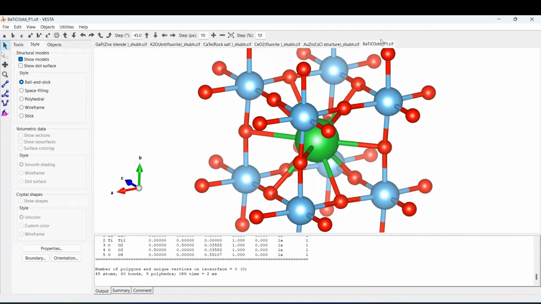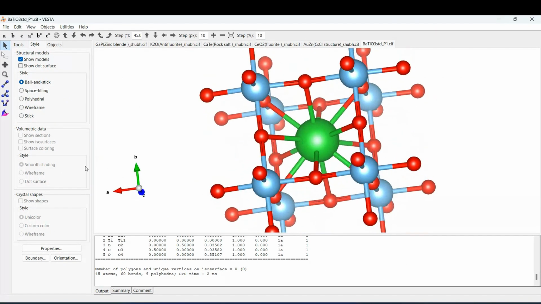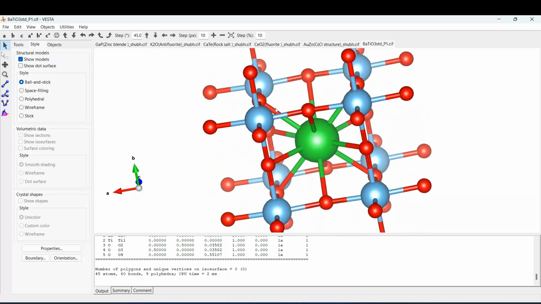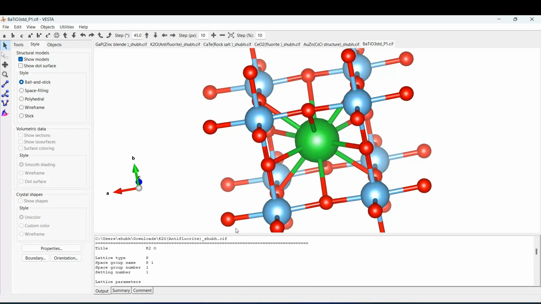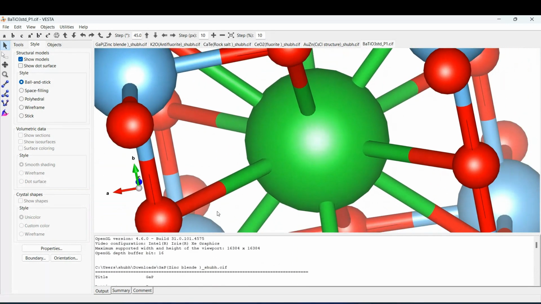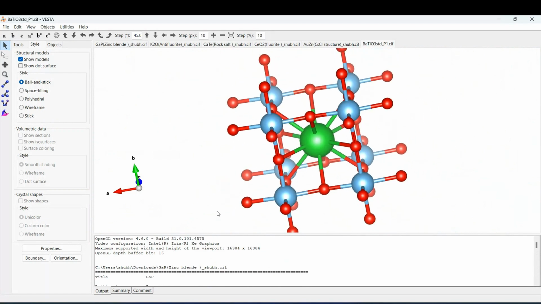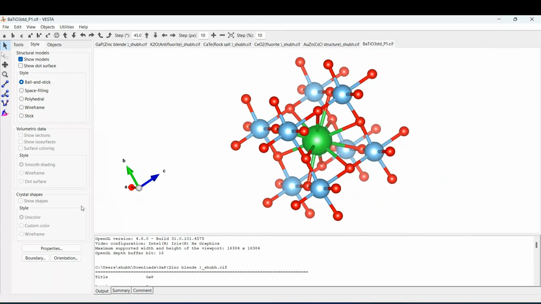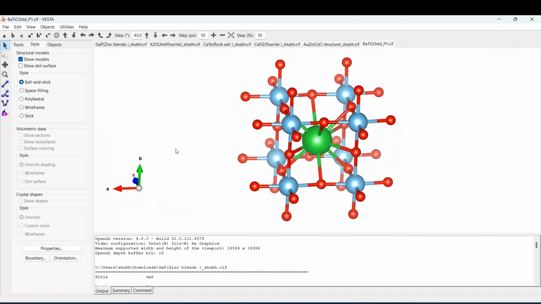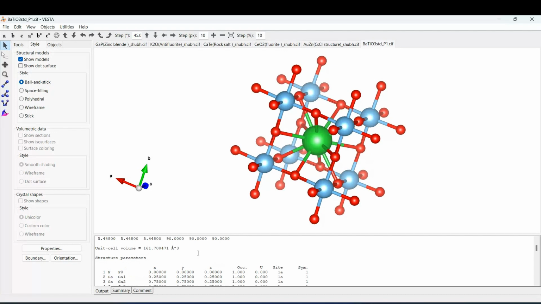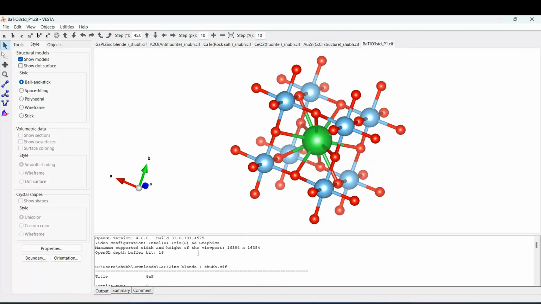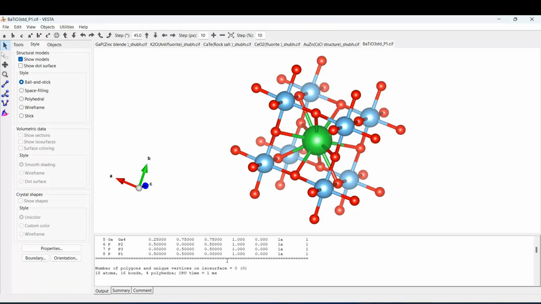This is the structure of BaTiO3 we have been provided. We will modify it to get the other structures.